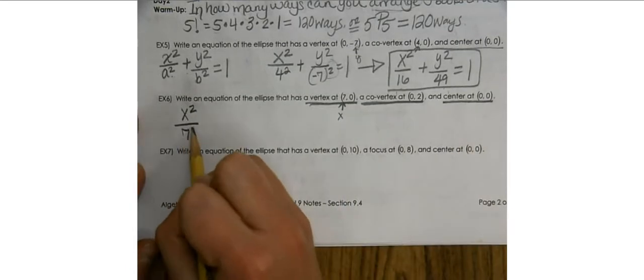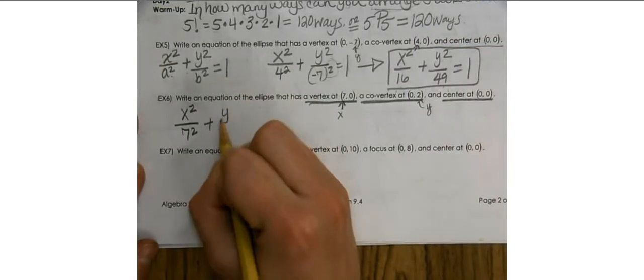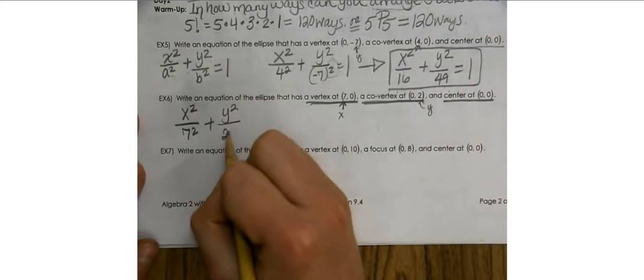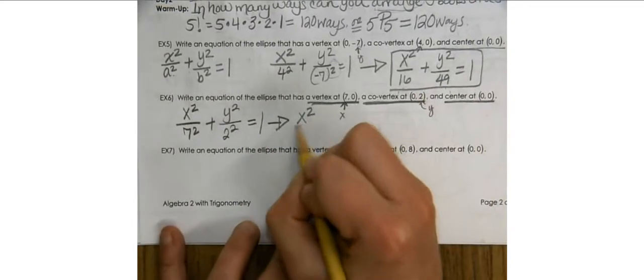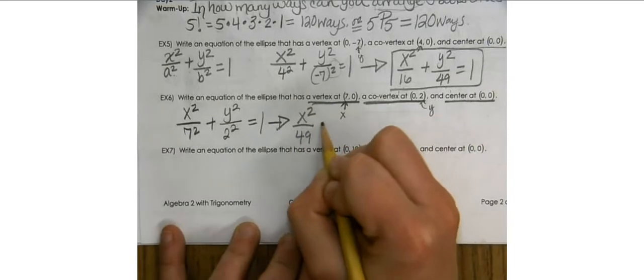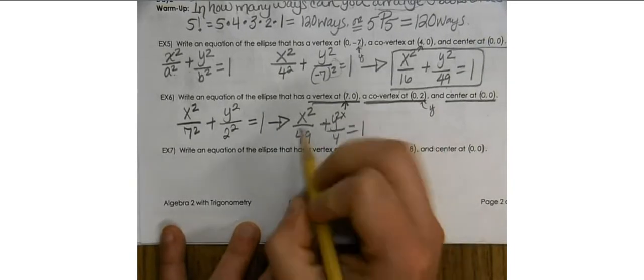Notice this time that 7 is located in the x position, so that means that I'm going to have x squared divided by 7 squared plus, notice that 2 is located in the y position, so I'm going to have y squared over 2 squared. This is going to equal 1. Cleaning it up a little bit, my equation is going to be x squared over 49 plus y squared over 4 equals 1, and that's my equation.